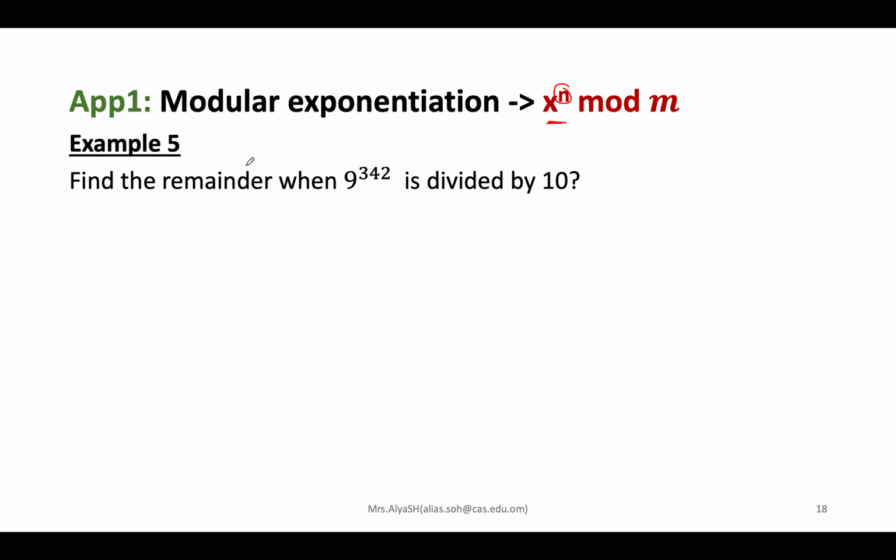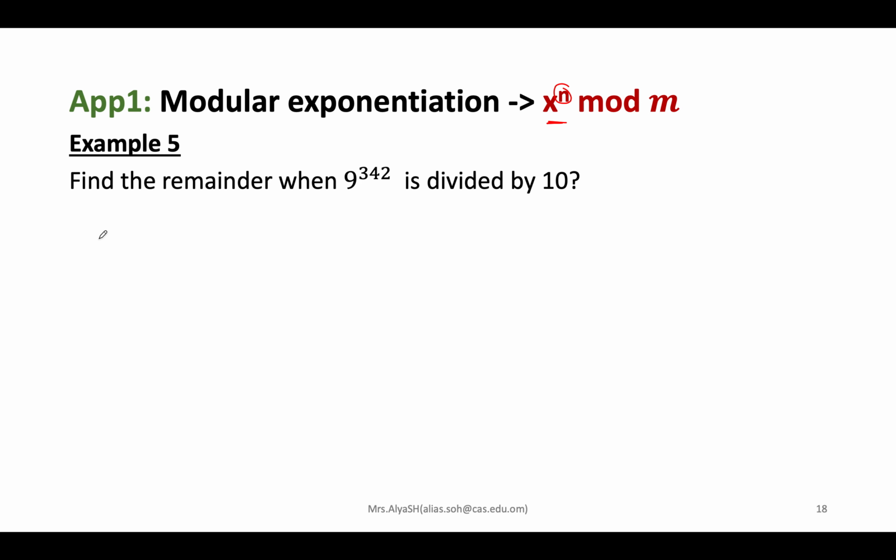So here we need to find the remainder when 9 to power 342 is divided by 10. How to do so? We just need to simplify the number and find the remainder for the simple number to 10.